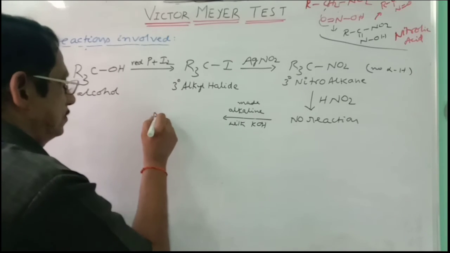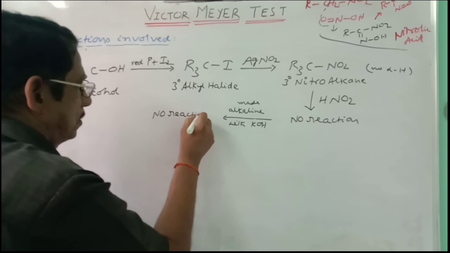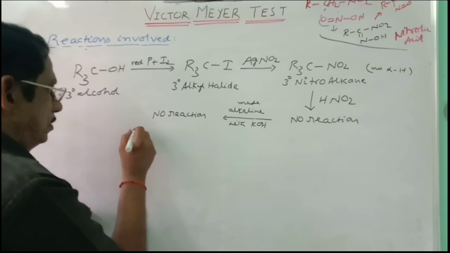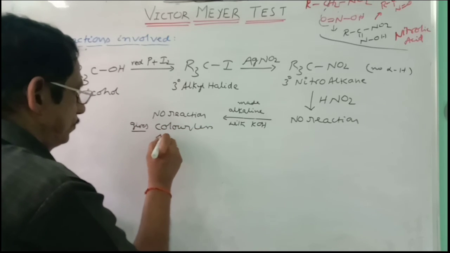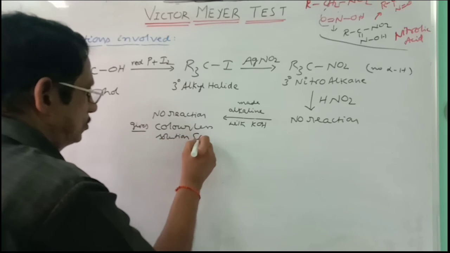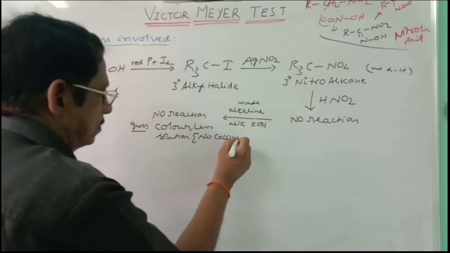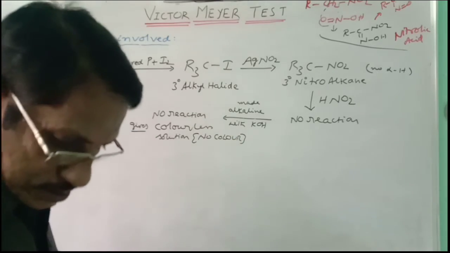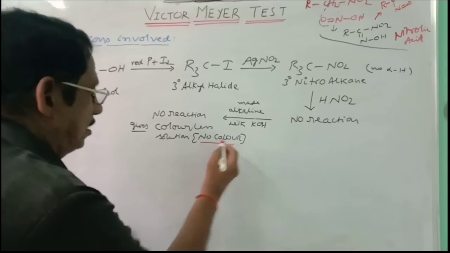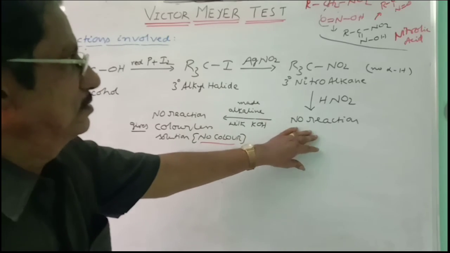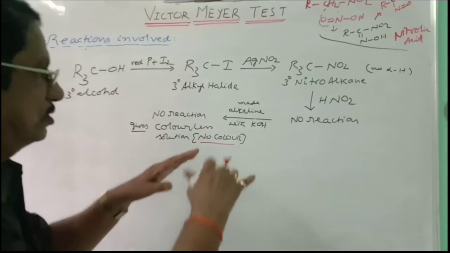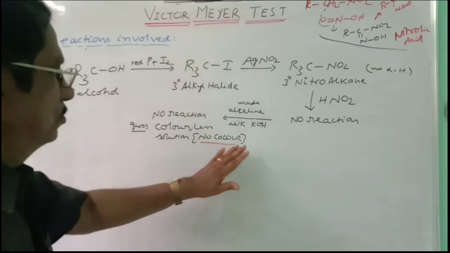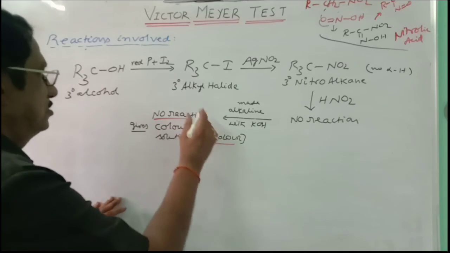No reaction once again. That means it gives a colorless solution. That means no color. So this is the way you have to recognize no color at all. Because there is no reaction, as there is no acidic hydrogen, and when this is further made alkaline with KOH, once again there is no reaction, there is no color development, and so a colorless solution. No color is developed here.